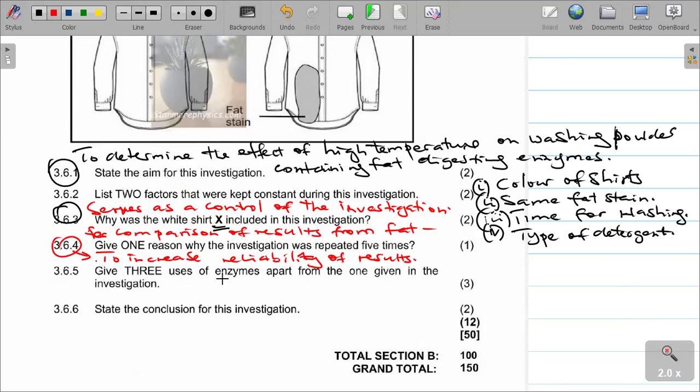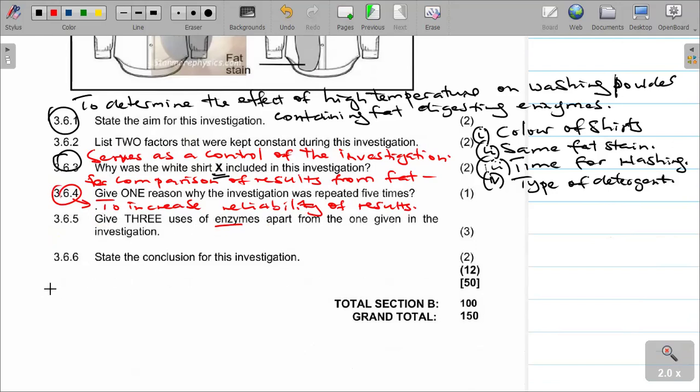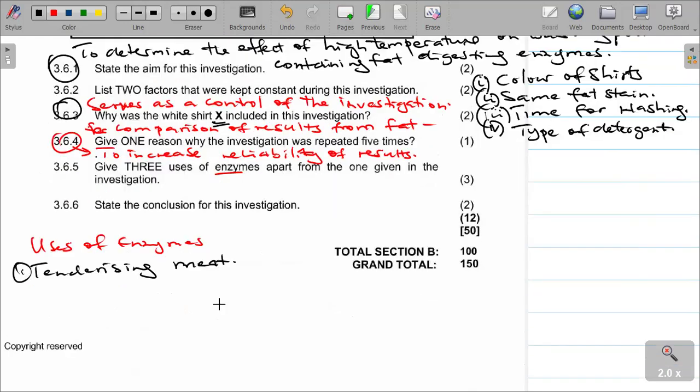Three uses of enzymes apart from the one given in the investigation. Uses of enzymes: enzymes can be used for tenderizing meat. When we are tenderizing meat, enzymes are used. They are also used in baking.